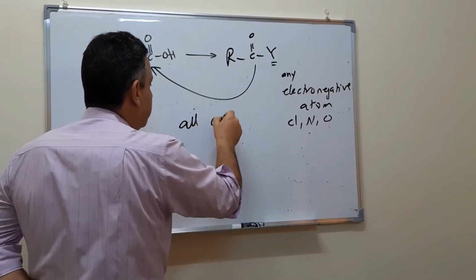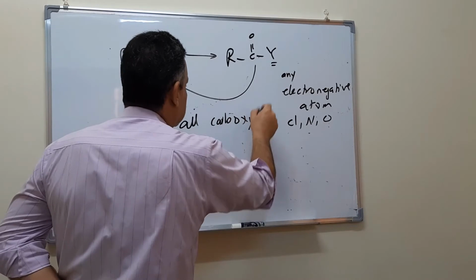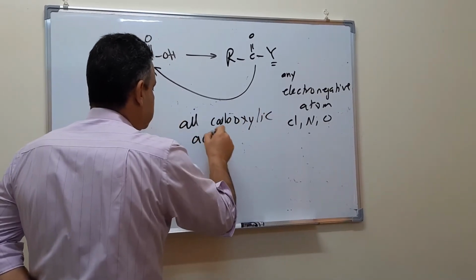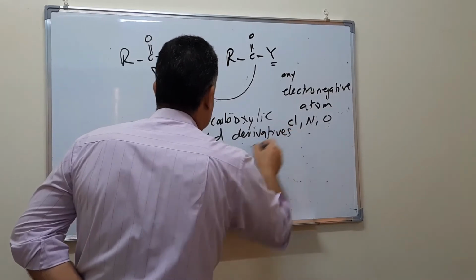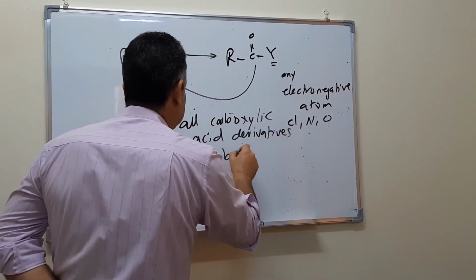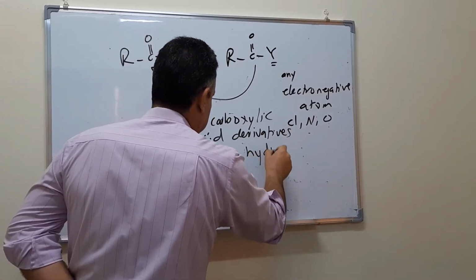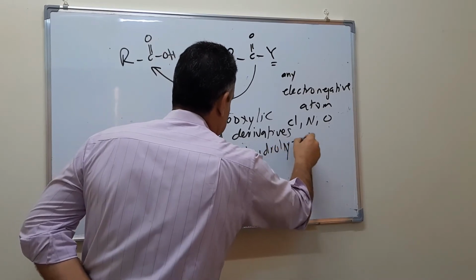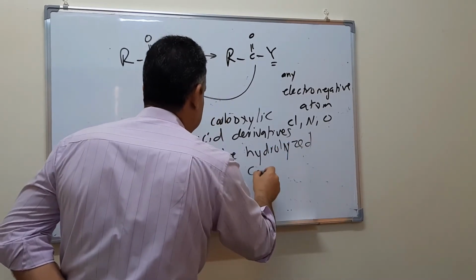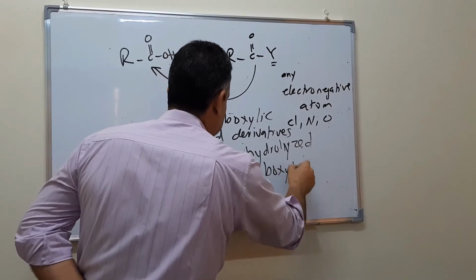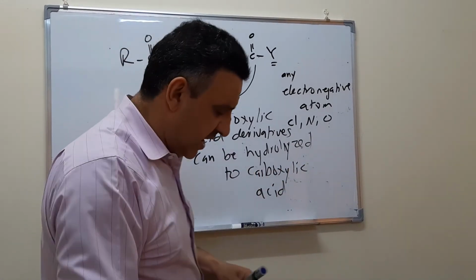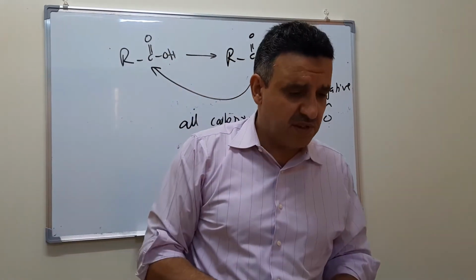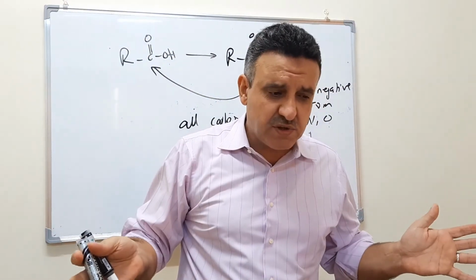All carboxylic acid derivatives can be hydrolyzed to carboxylic acid. And now the reagent or the condition for the hydrolysis is always water.